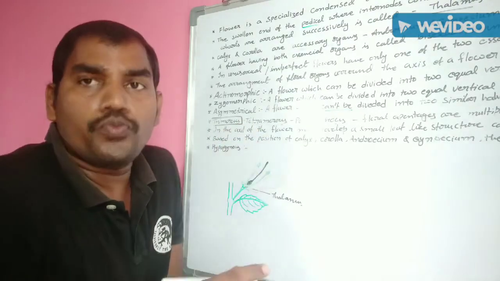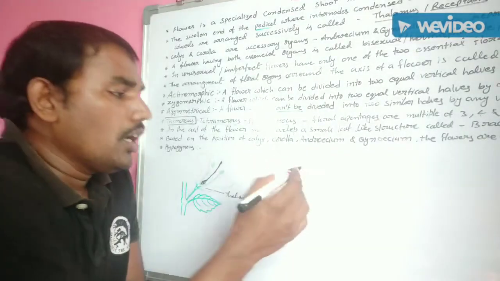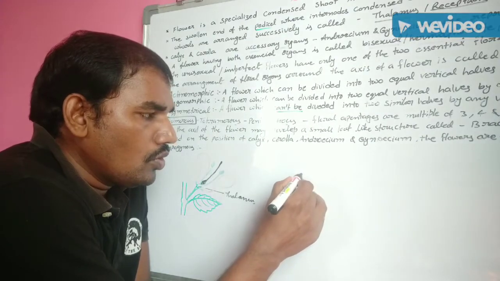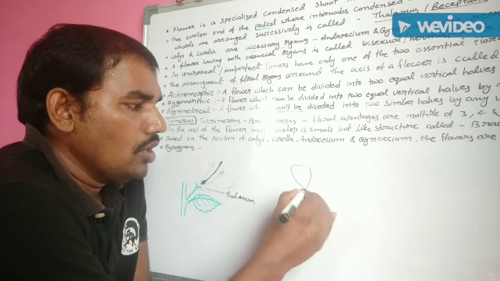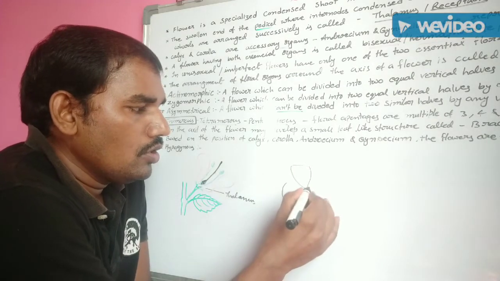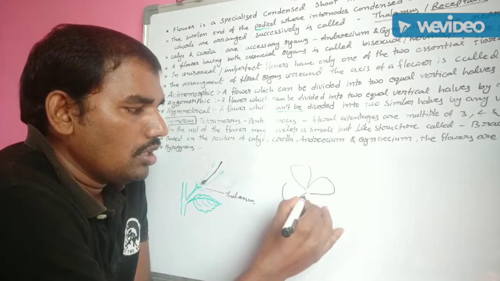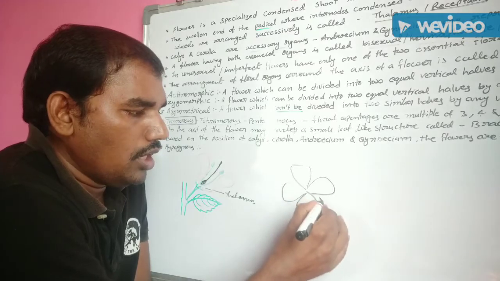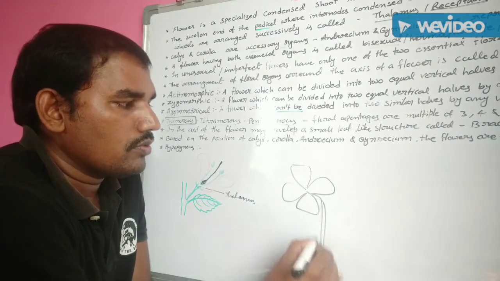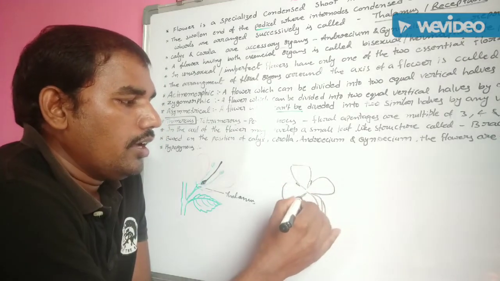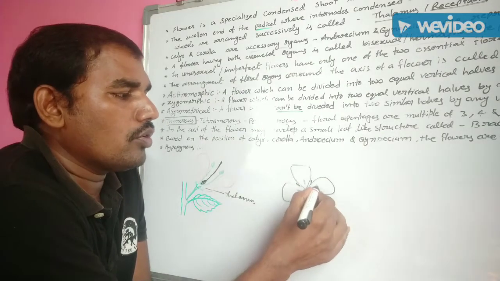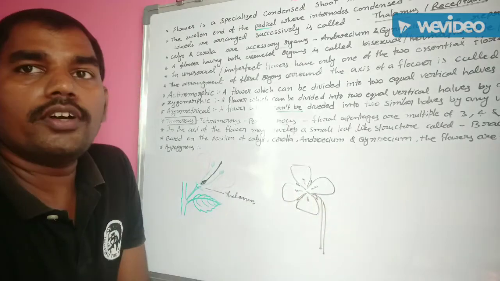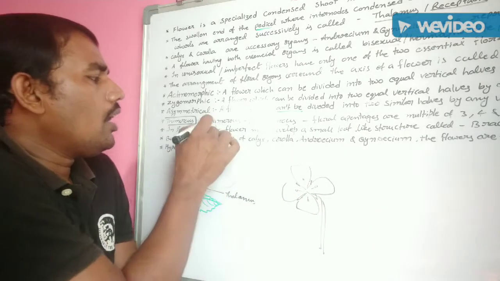Tetramerous. Tetra means 4. This means calyx 4, corolla 4, anthers 4, carpels also 4. This type of flowers are known as tetramerous.